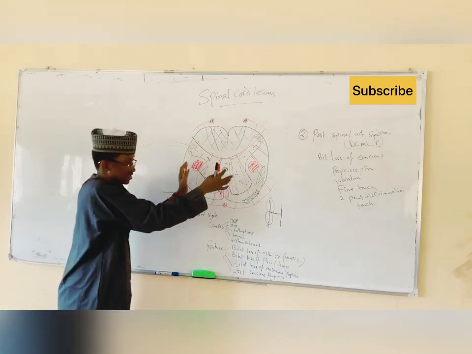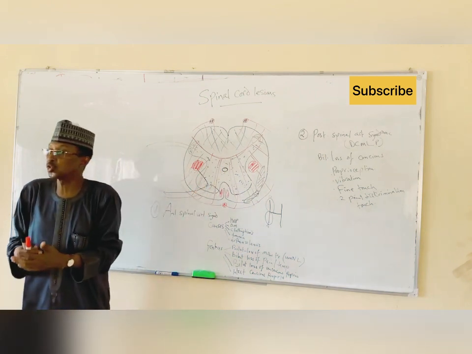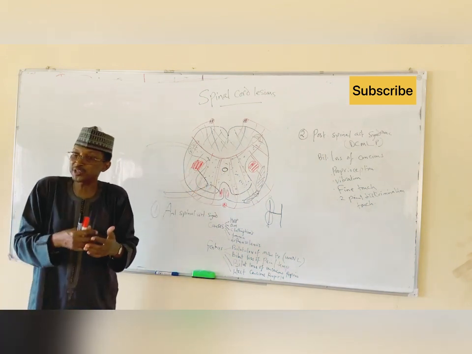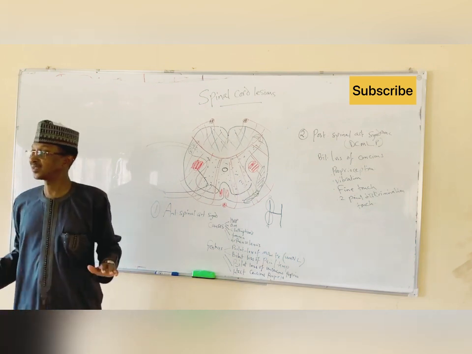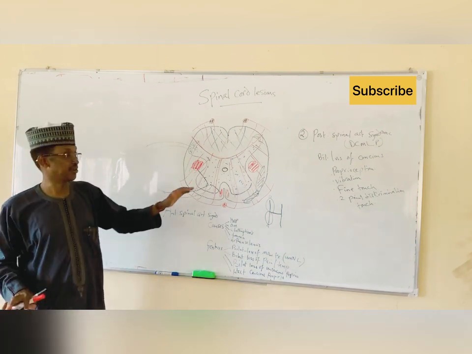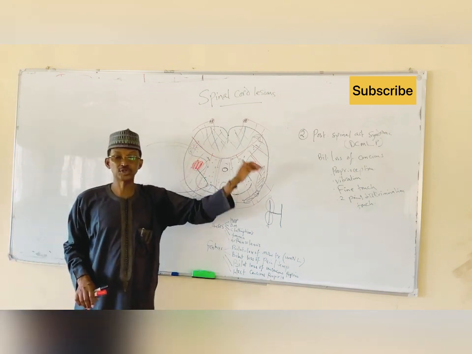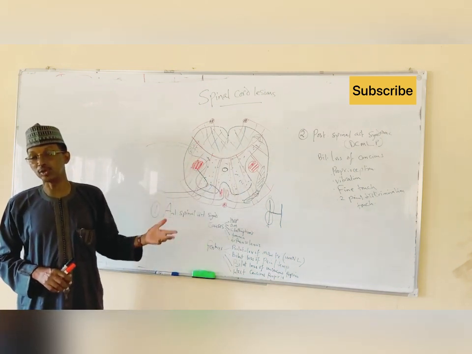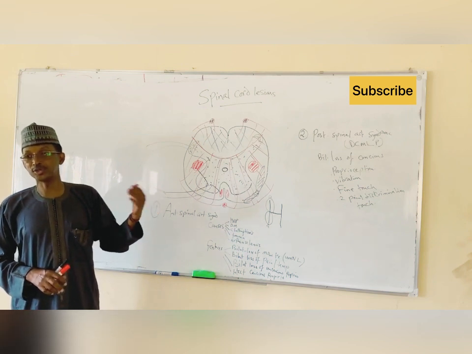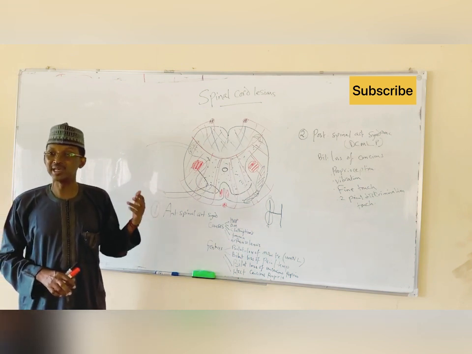All other sensation like pain and temperature, unconscious perception, and motor functions are going to be intact. Are you clear? That is the difference between anterior and posterior spinal artery lesions or syndromes, or anterior or posterior spinal cord lesions.